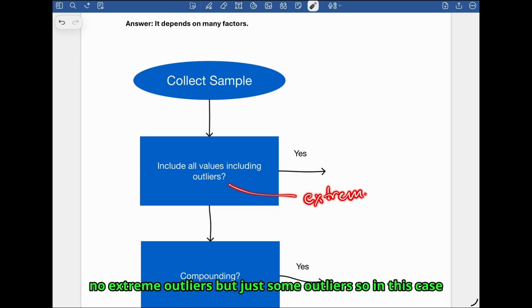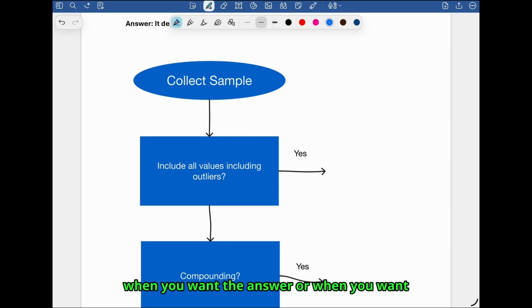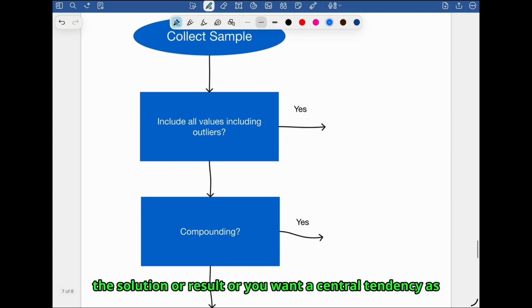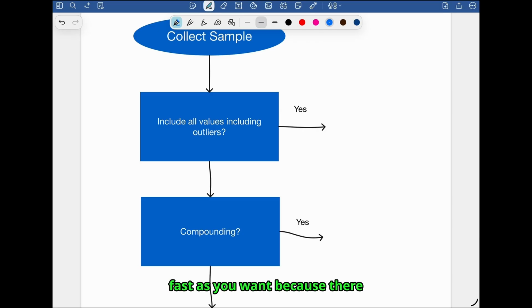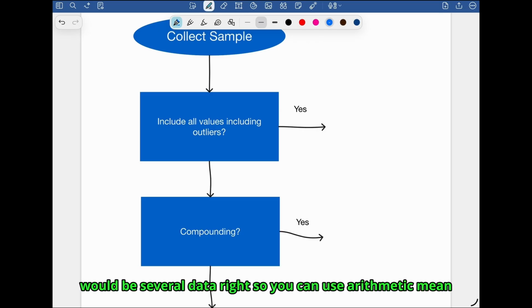In this case, when you want a central tendency as fast as you can, because there would be several data points, you can use arithmetic mean.